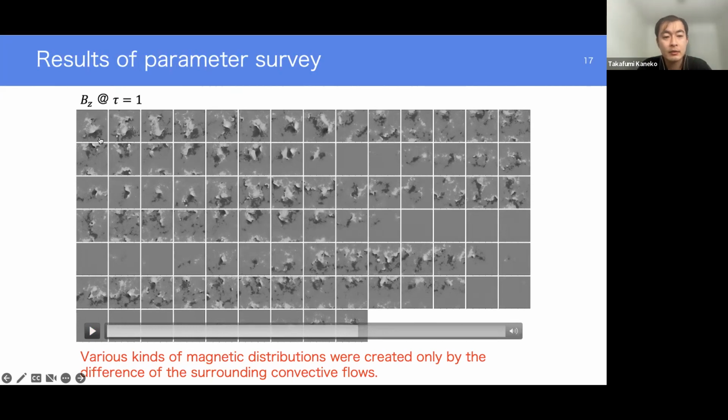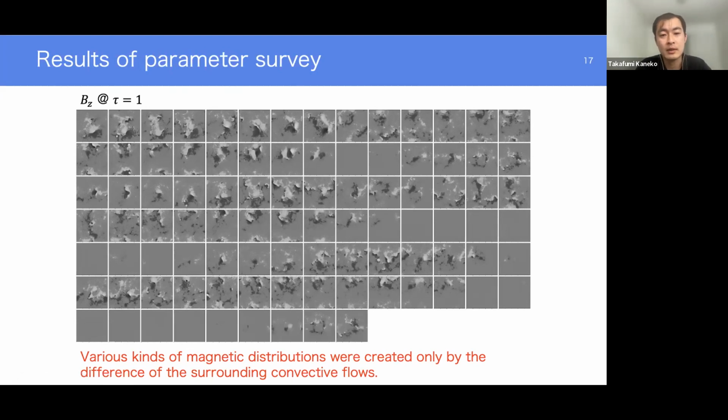So in the previous paper of Toriumi and Hotta, basically there is a strong horizontal field. But I didn't check all of the cases in our present simulation.